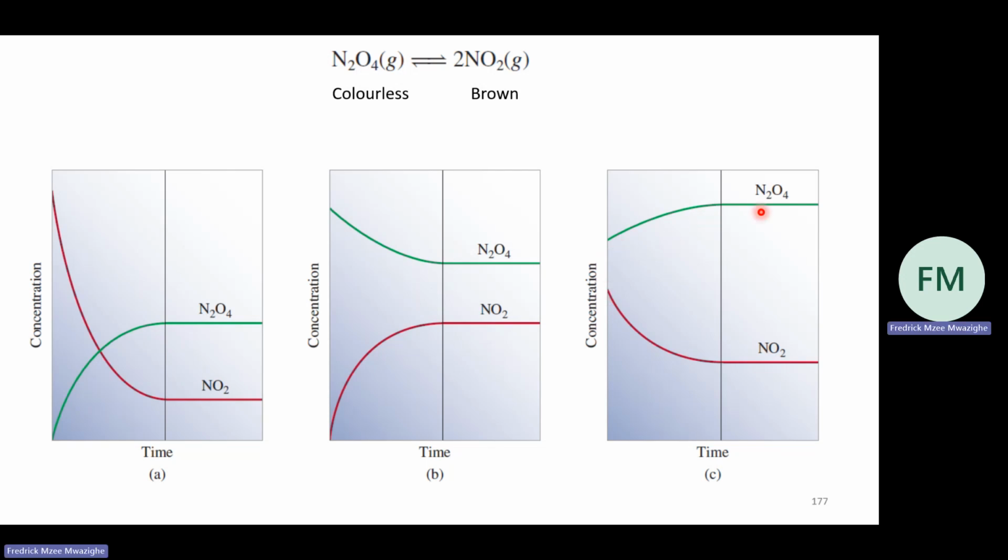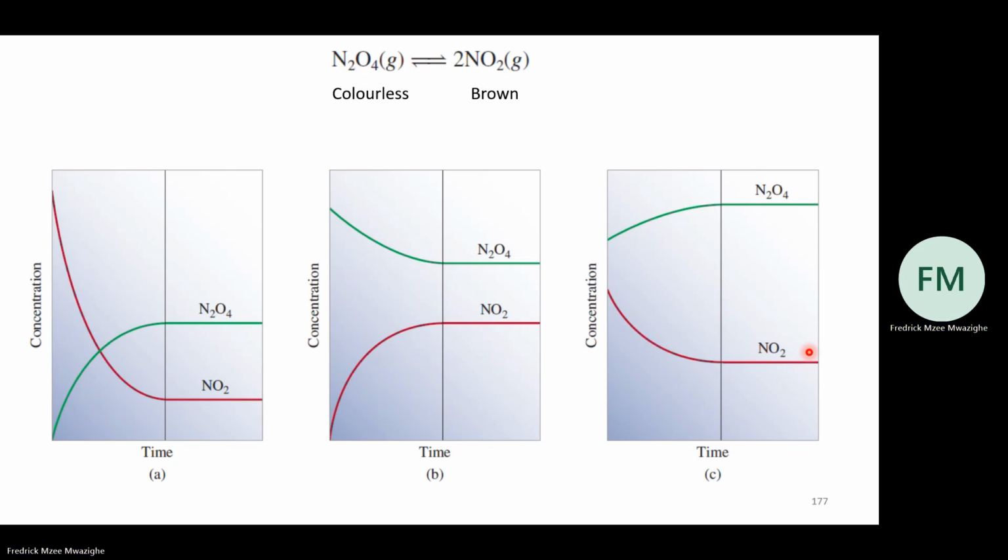Here you see that of N2O4 increasing slightly and that of NO2 decreasing with time, until you reach the equilibrium state where the concentrations of the two species are constant. So we have equilibrium concentrations having been reached.